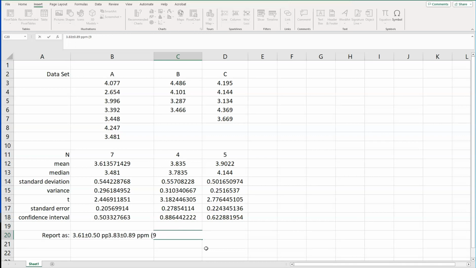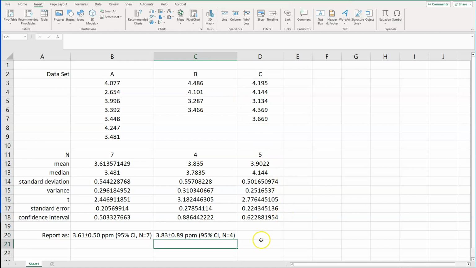I'm going to tell whoever's looking at my error estimate what kind of error estimate it is. It's a 95% confidence interval. And the number of data points in this set is 4. Then I can space the column out so I can see the whole thing.